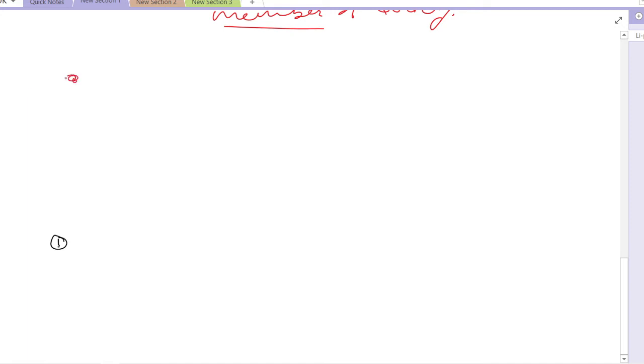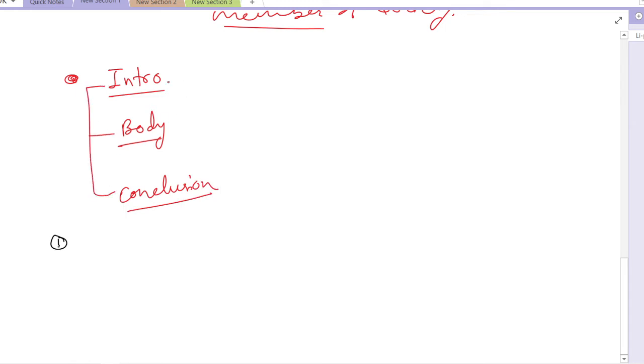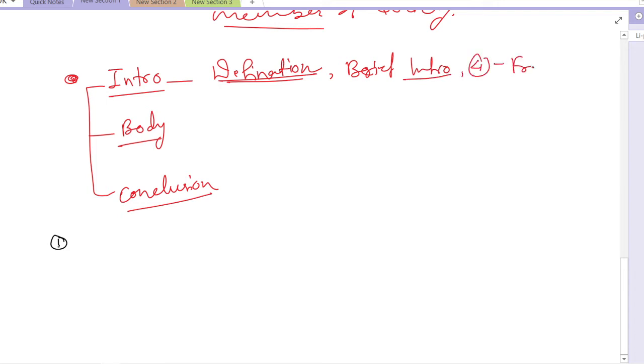Okay, so moving forward, how are we going to write this answer? First there is going to be an introduction, then a body and a conclusion. This is a standard answer that we follow. In the introduction we'll write the definition and give a brief introduction that these are the 4 branches given by Franz Boas.